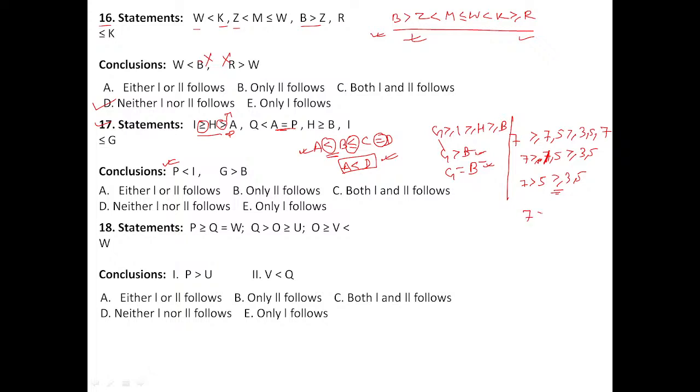But if this is the case, then 7 greater than 5 greater than 3. Now you can see that G greater than H greater than B is satisfied. That means G greater than B is also satisfied. But it is in no way saying that only the greater than symbol is there. The equal to symbol is always present in the given statement. So you can't confirm individually that only G greater than B is satisfied, because G equals B at any time can be a satisfactory one.